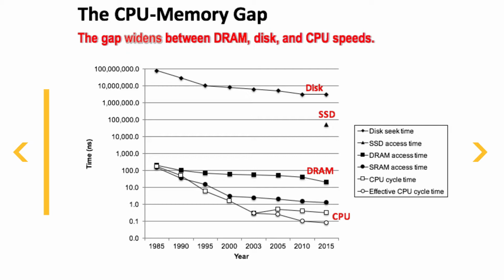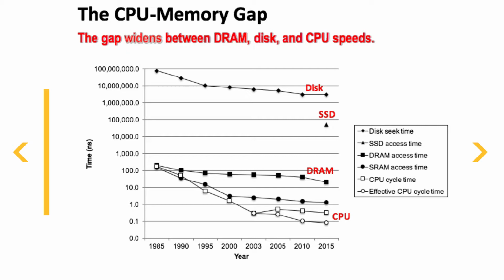Access times keep getting lower, but notice that they get lower faster for CPUs than they do for static RAM, and that gets a little faster than it does for dynamic RAM, right? So we keep seeing the gap widening, right? The old-fashioned hard disk drives get faster at a slower rate than CPUs do, and that means that this gap keeps widening.